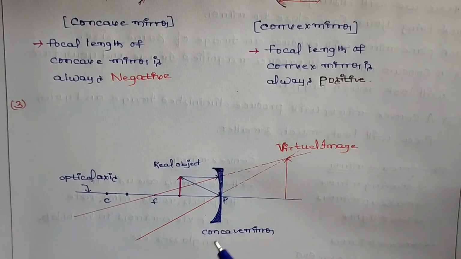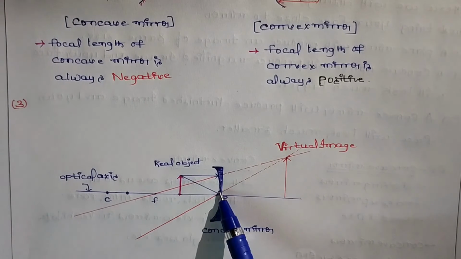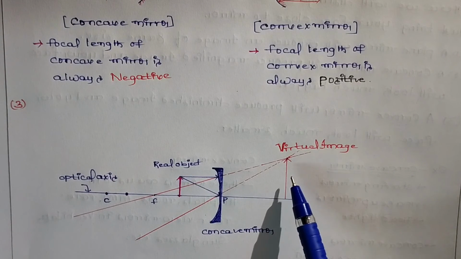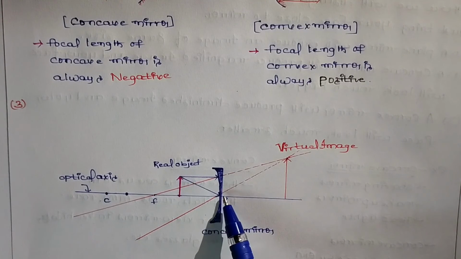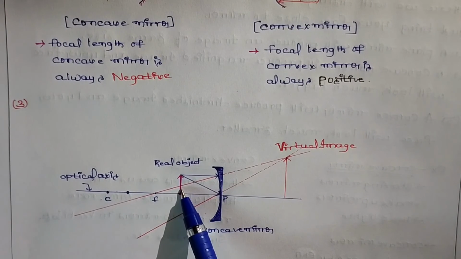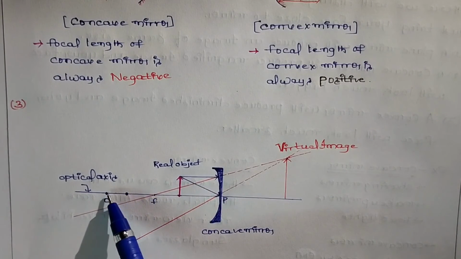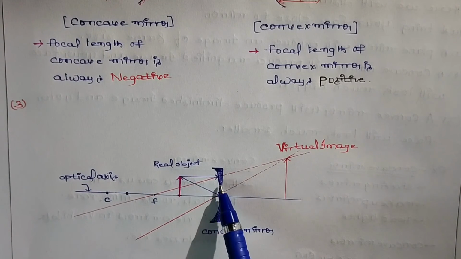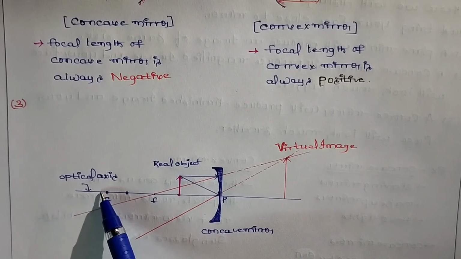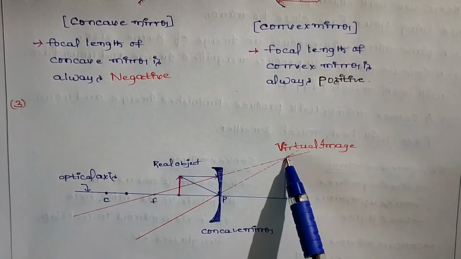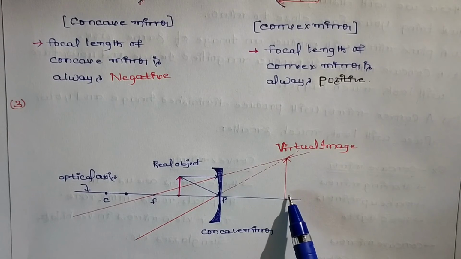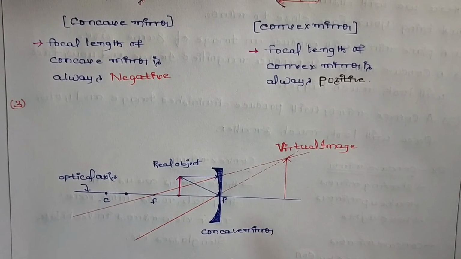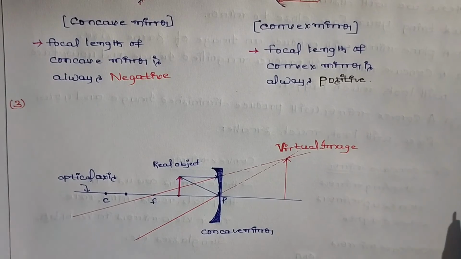If we take the real object here or somewhere else and increase the distance between the mirror and the object, the size of the image reduces and real images are formed in front of the mirror. I think you will understand.